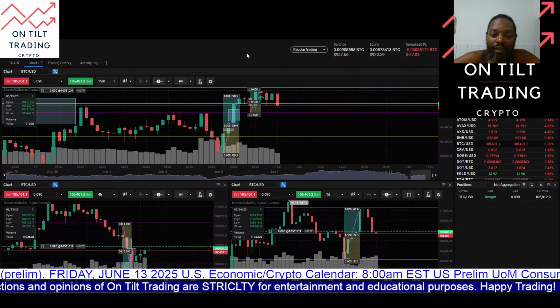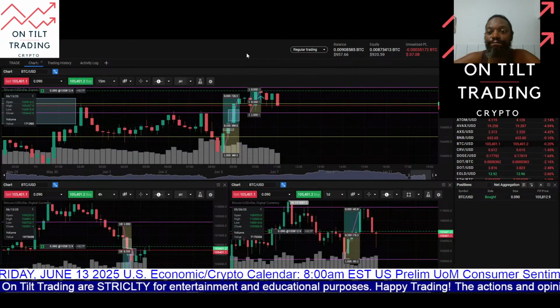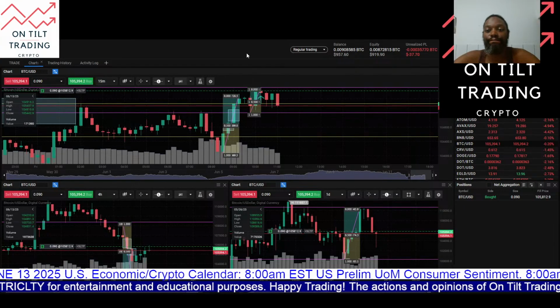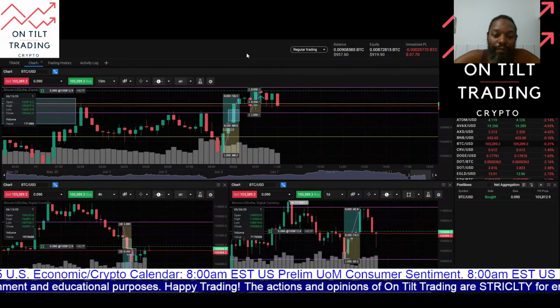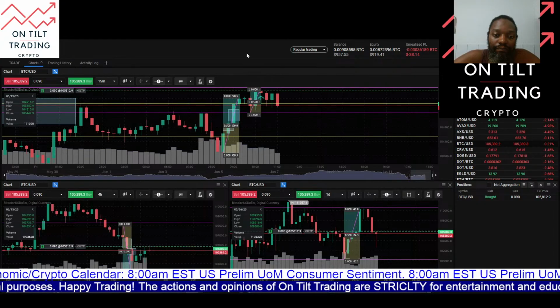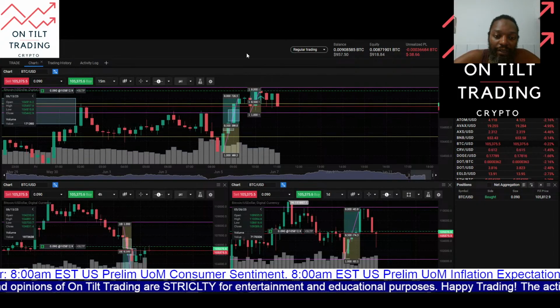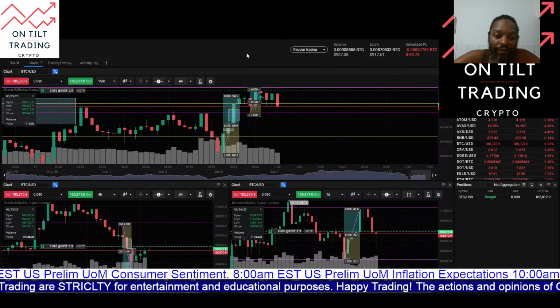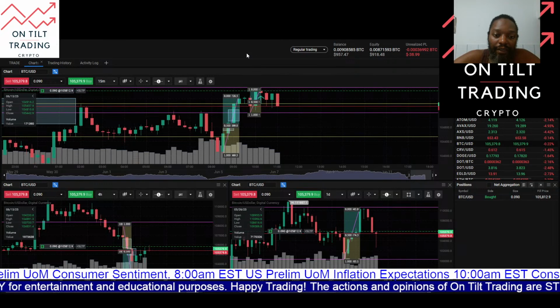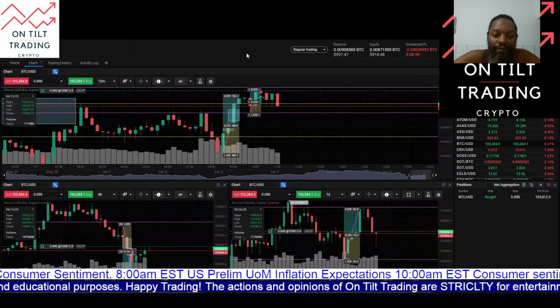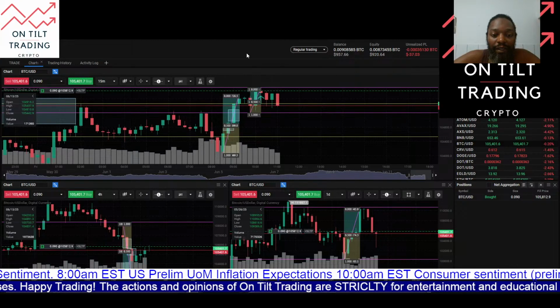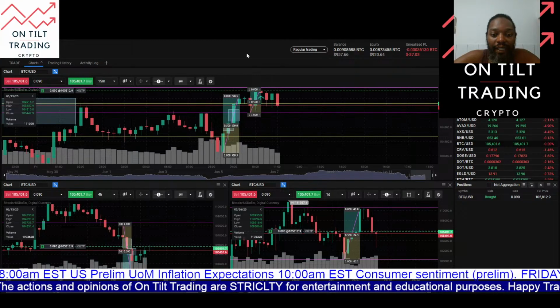Price just consolidating here. Price is actually right at the body and wick of the validating candle.